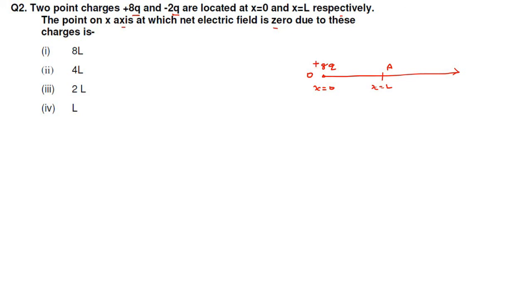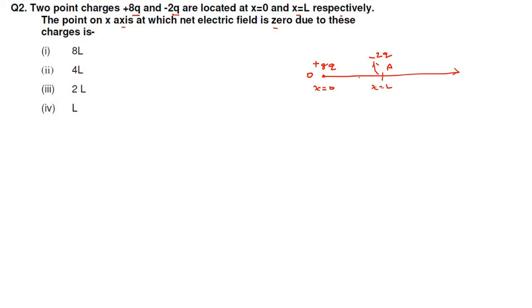It is explicitly given plus 8q. Then at x is equal to L, you have minus 2q. What you have to find out? The point on x-axis at which the net electric field is 0.